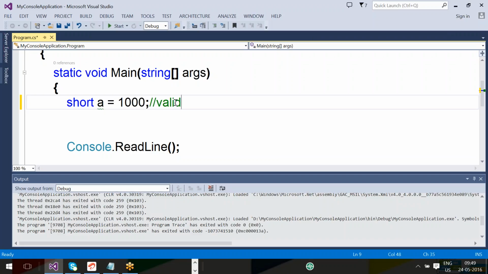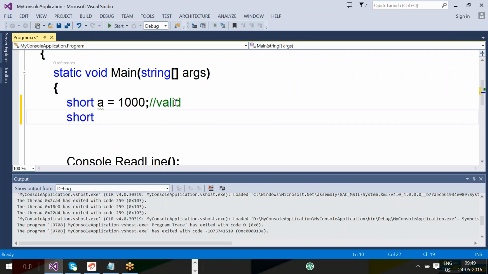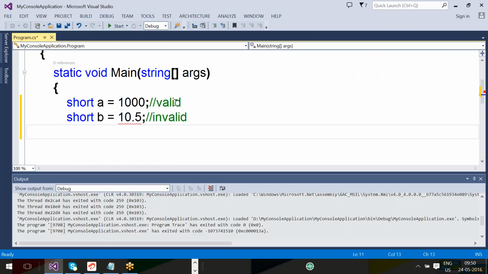Valid. Next, short B equal to 10.5, valid or invalid? Invalid. Why? Because it's floating point data. Short C equal to double quote 10, valid or invalid? Invalid, it's a string data type. Very good.